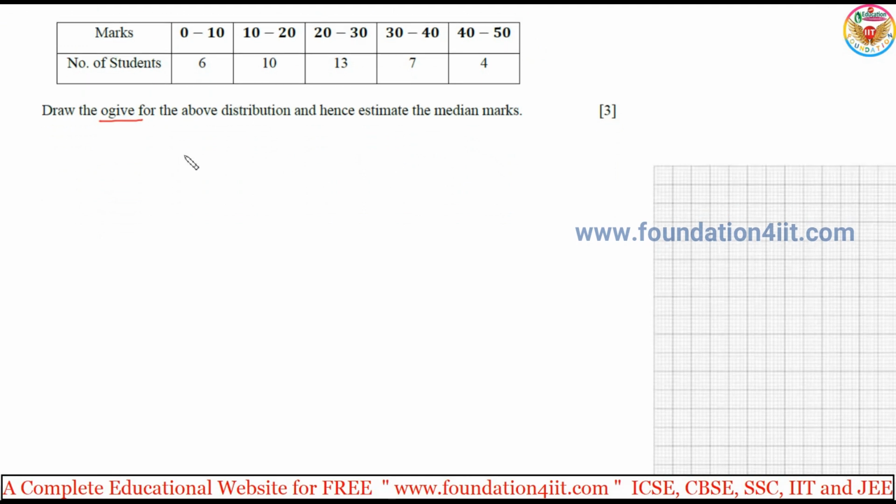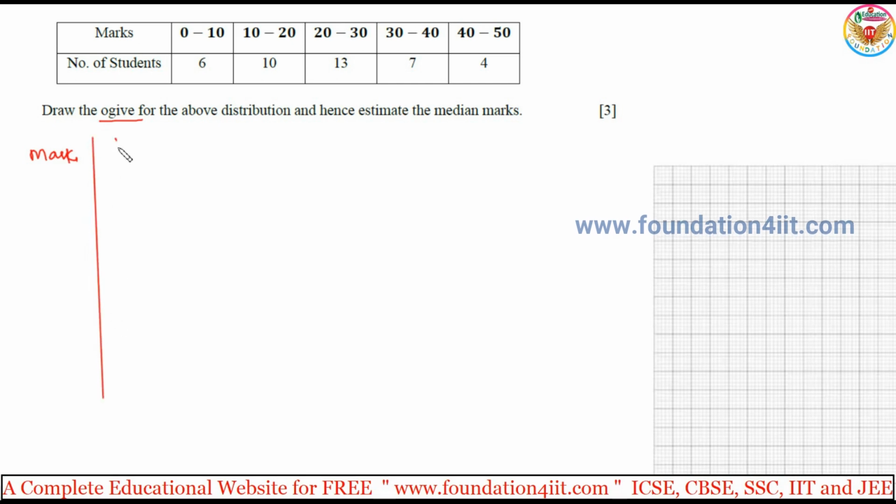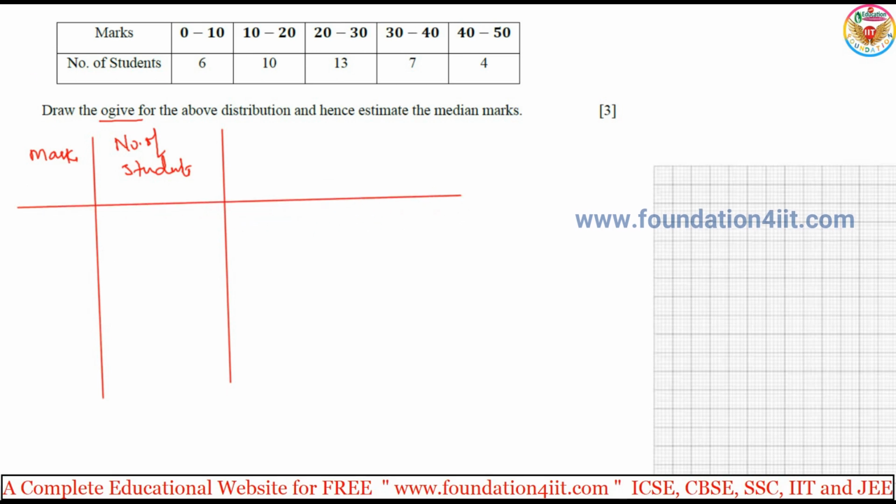So before that, we need to prepare the cumulative frequency, because to find the median, right? Marks is given and number of students, let it be f. Marks is x, number of students f, and cumulative frequency you have to make.